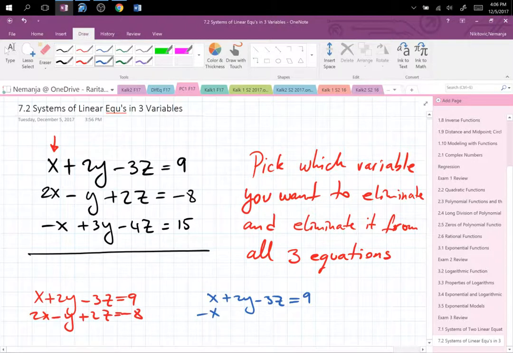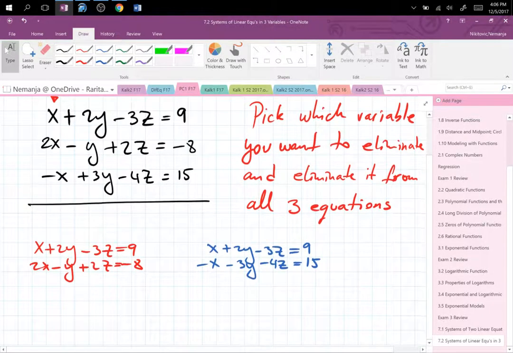And the last one, negative x plus 3y minus 4z equals 15. So you can pair any equations you want. Obviously, one equation will have to repeat itself. And in this case, it's the first one that repeats. It doesn't matter. I could have picked any combination of any of them. So I picked the first two and then the first and the third. But you can also pick these if you want to.